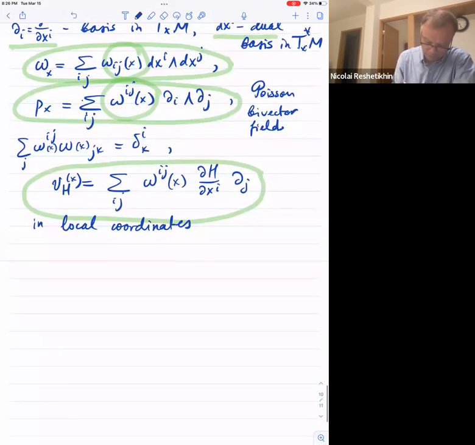And so I want to introduce the components of this vector field.